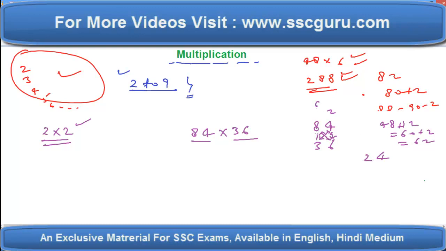Now we multiply those numbers: 8 into 3 is 24, and 6 carry makes 30. This is the answer. Again, first we multiply 6 into 4 and get 24, 4 and carry 2. Then we multiply 6 into 8 and 4 into 3, use the 2 carry, and get 62. 2 will be here and 6 will be the carry.